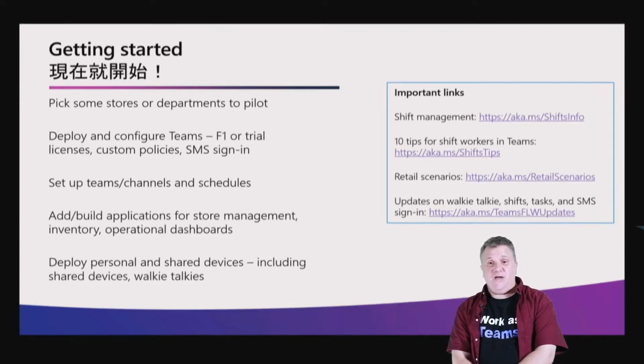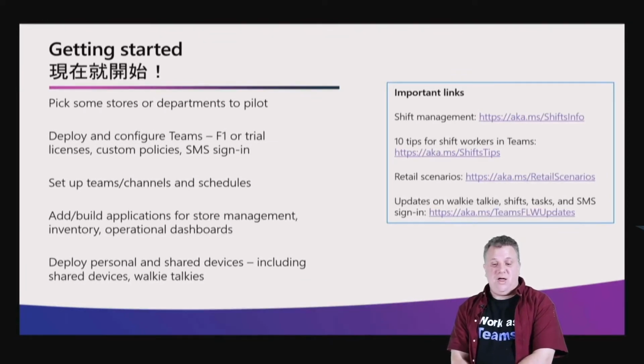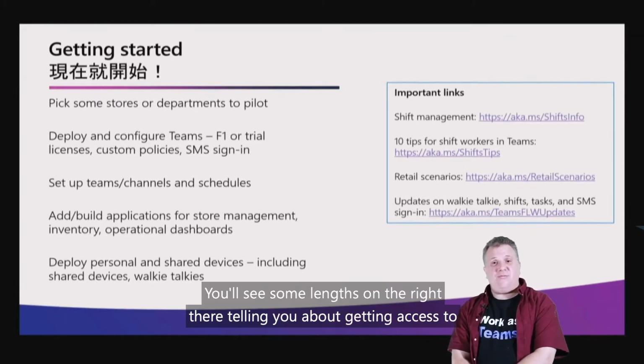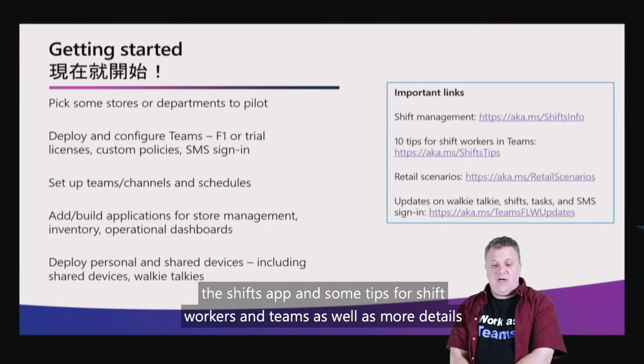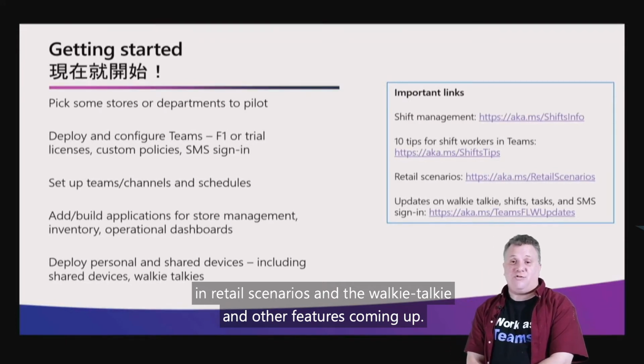For example, the Samsung walkie-talkie device that I mentioned, or other headsets and handsets that we have available. You'll see some links on the right there telling you about getting access to the Shifts app and some tips for shift workers and teams, as well as more details on retail scenarios and the walkie-talkie and other features coming up.